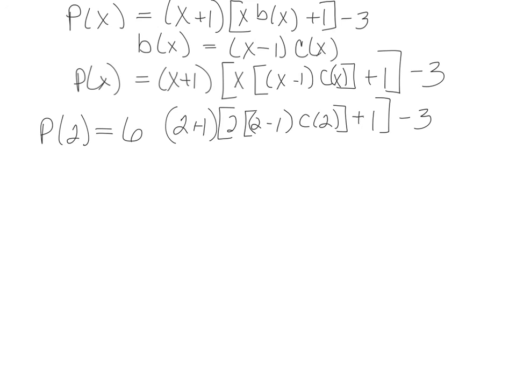I usually start on the inside. So 2 minus 1 is 1. C of 2, I'm still in brackets. I have a 2 on the outside plus 1. Here, I'm going to distribute that 2. It becomes 2 c of 2 plus 1.